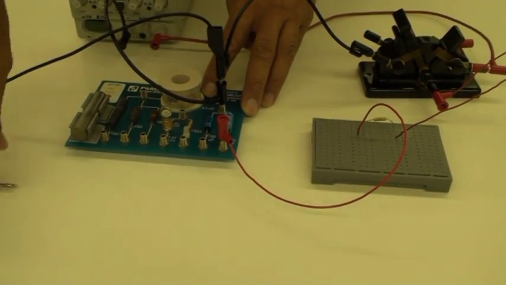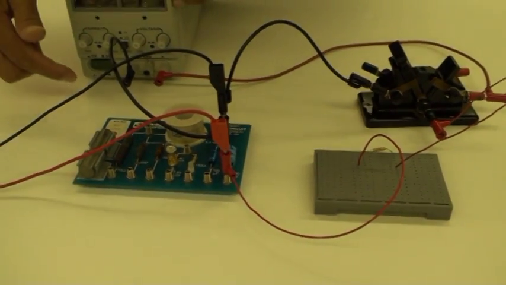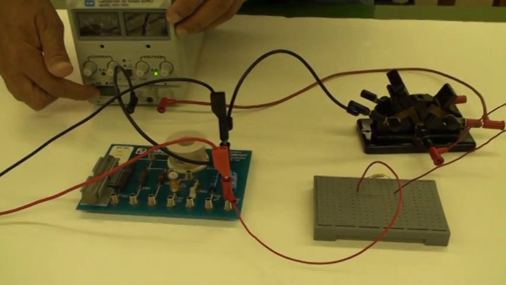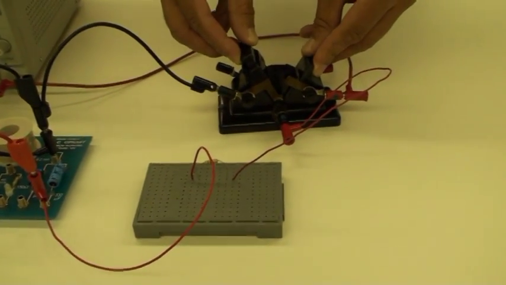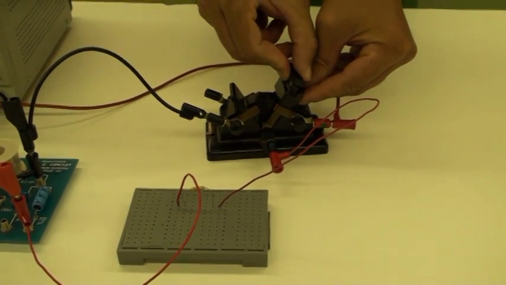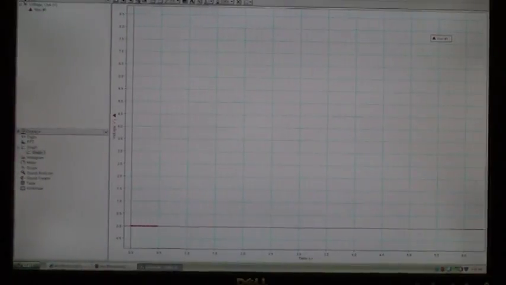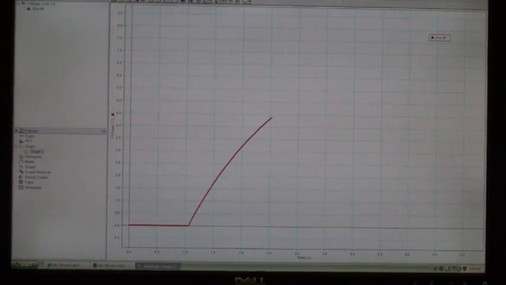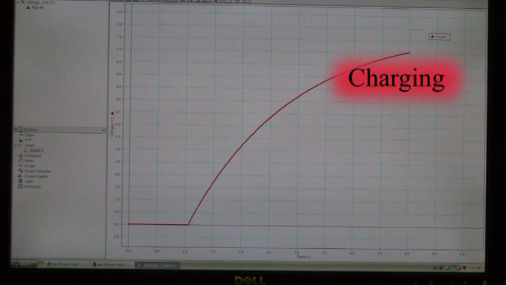Voltage sensor leads from Science Workshop will monitor the voltage across the capacitor. This is the same as measuring the charge, since the two are proportional to each other. Toggling the switch will either charge or discharge the capacitor. Here is a plot of the voltage across the capacitor during the charging process.